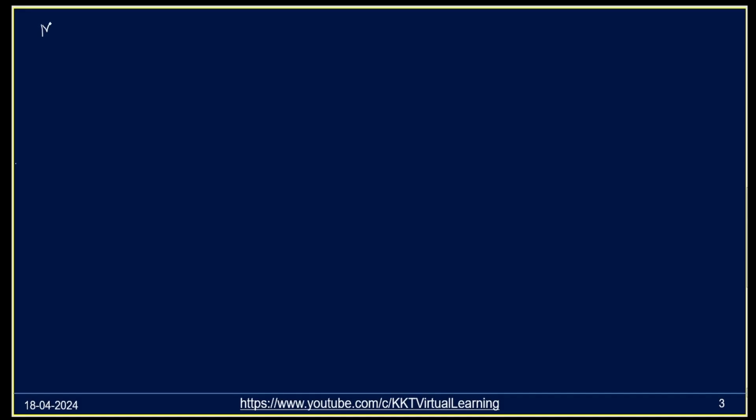The mean square error function MSE or the cost function J is given by 1 by n sigma i is equal to 1 to n, (yi cap minus yi) whole square.